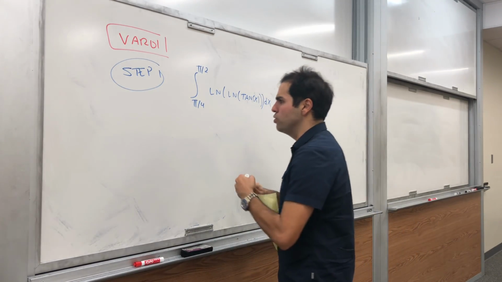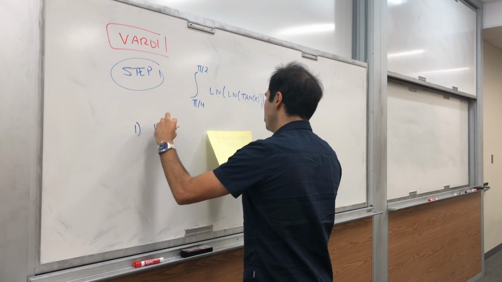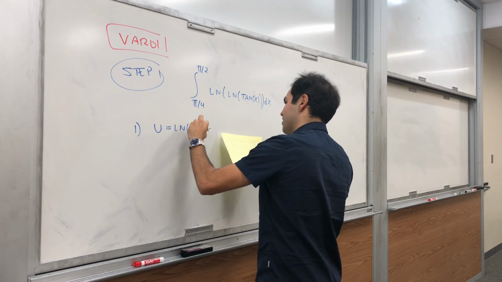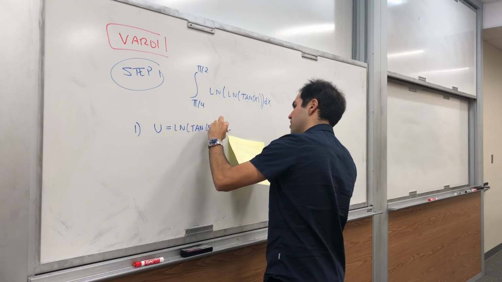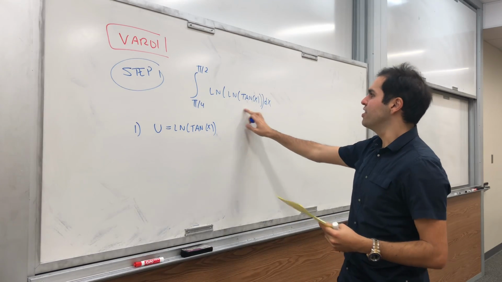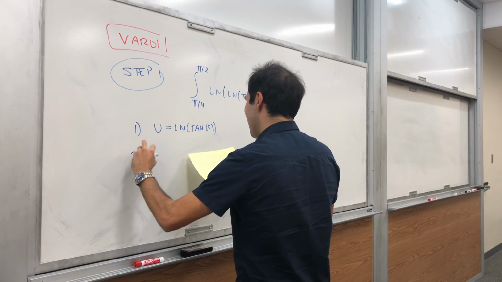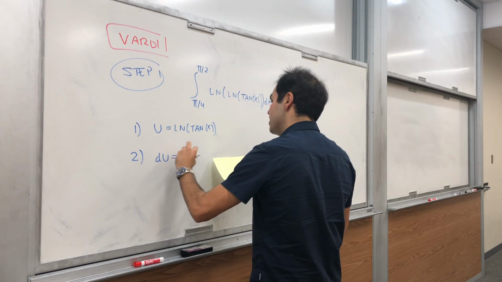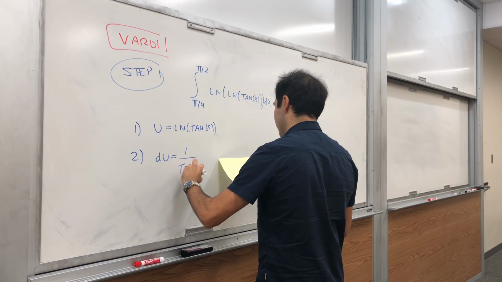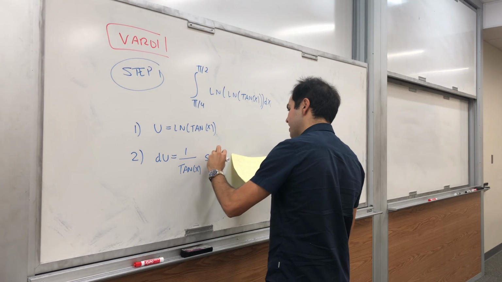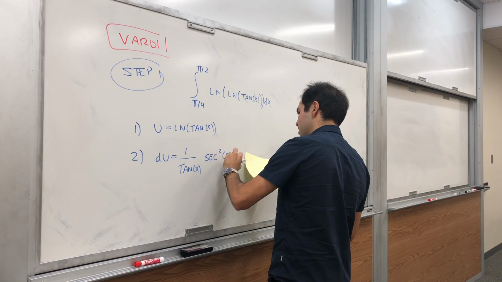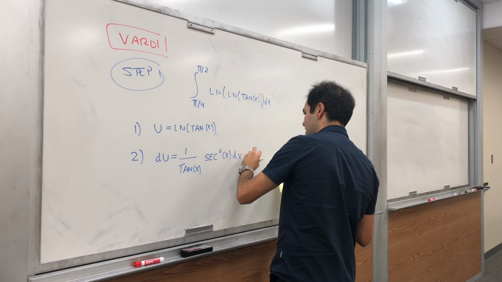Namely, let's use a u substitution. Let u be ln of tangent of x. So let's substitute this inner tangent. So release your inner tangent, and we get du is 1 over tangent of x secant squared of x dx.